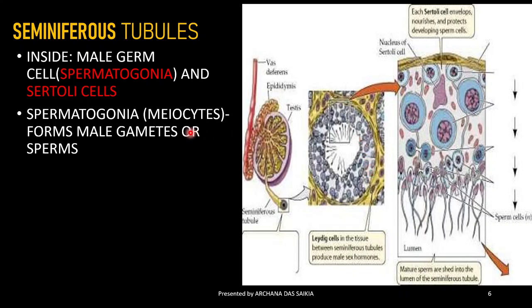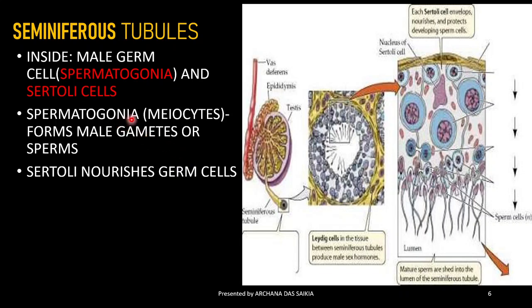So only these spermatogonia have the ability in males to undergo meiosis and reduce the chromosome number in the resulting daughter cells, and those daughter cells will become the male gametes or the sperms. The second type, the Sertoli cell, which is present inside the seminiferous tubules, will provide nourishment to these developing male gametes.